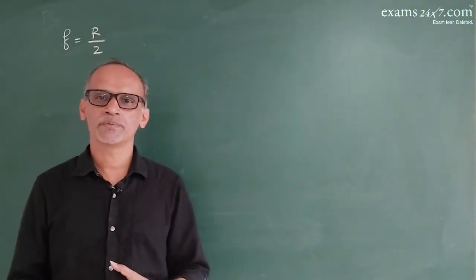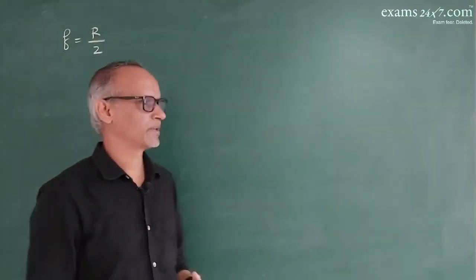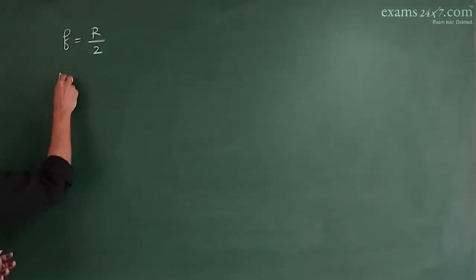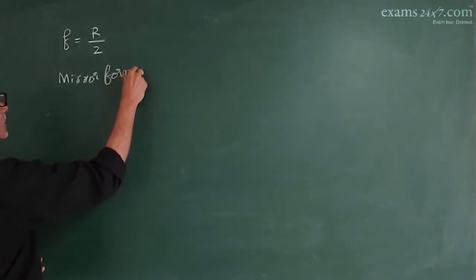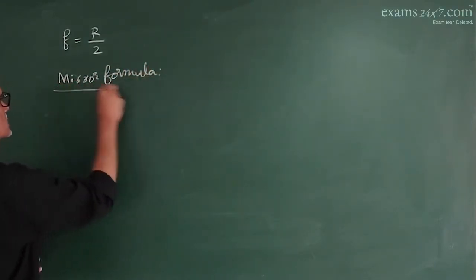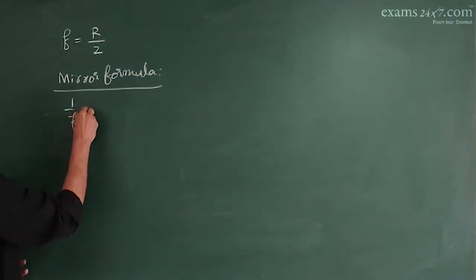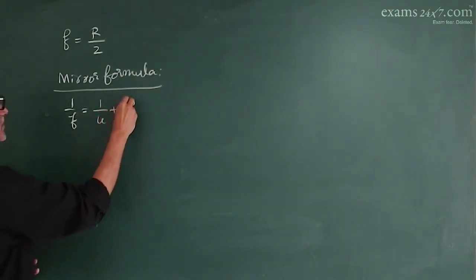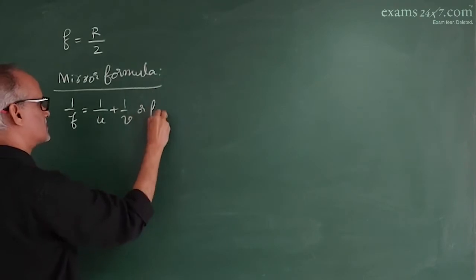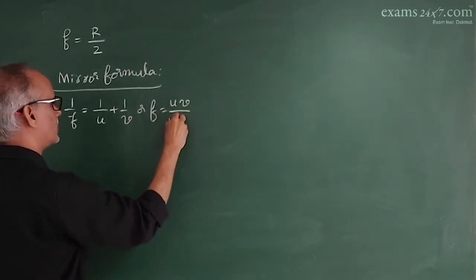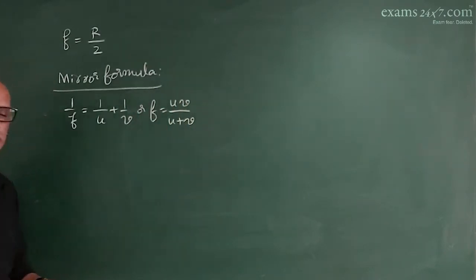So what is the relation between the focal length, object distance, and image distance? That relation is called the mirror formula, and that's 1 by F is equal to 1 by U plus 1 by V. We can even write that as F is equal to UV by U plus V.